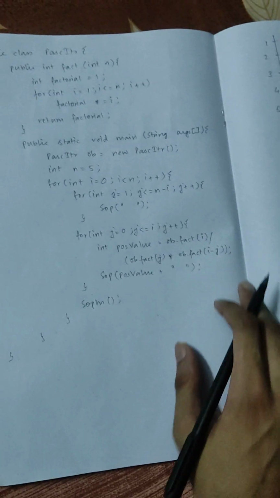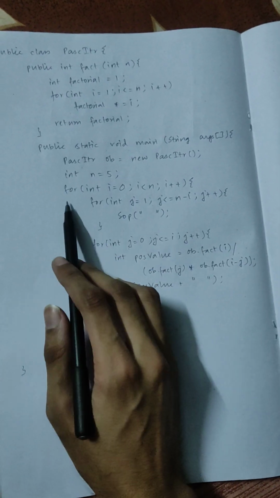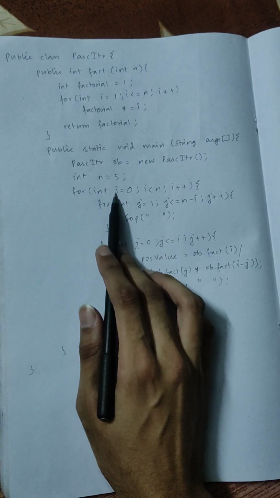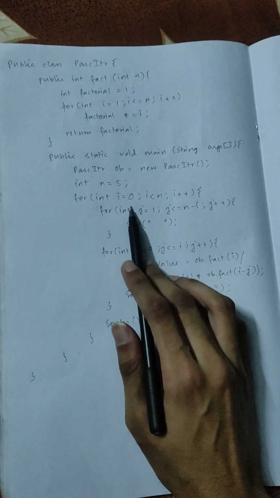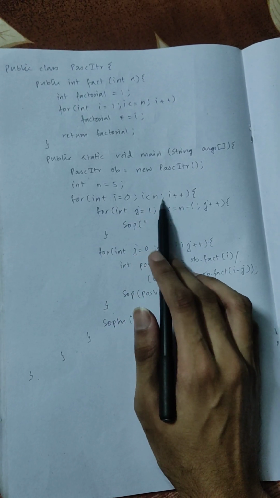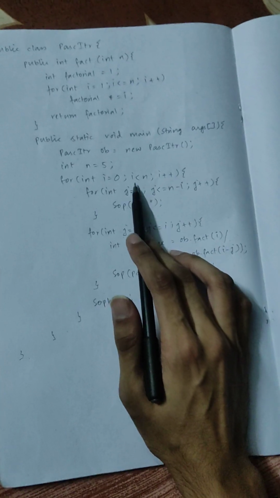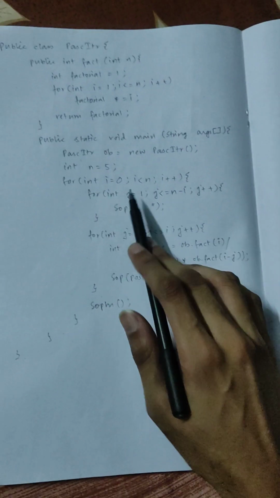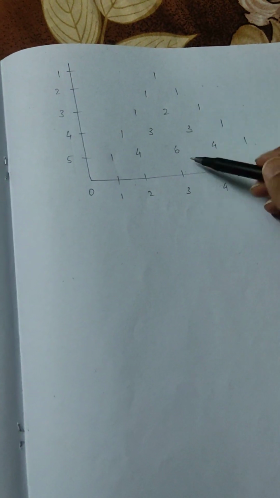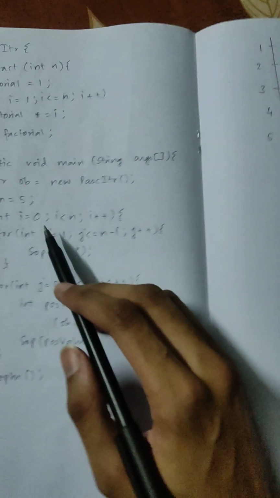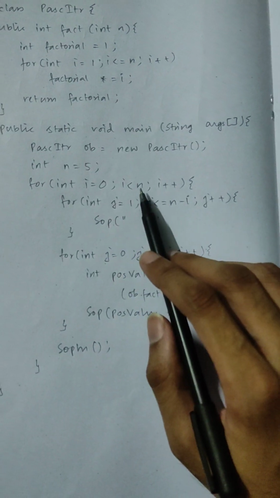So I have taken this nested loop, int i equals 0 and i is less than n, i plus plus. So this will count the rows of this Pascal's triangle. So this will start from 0 to n minus 1.